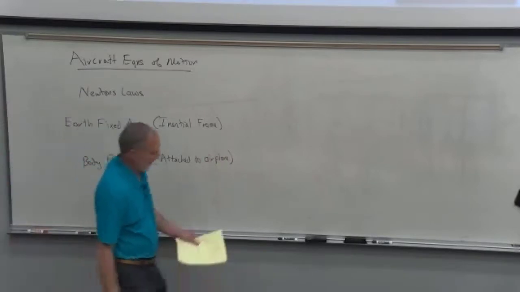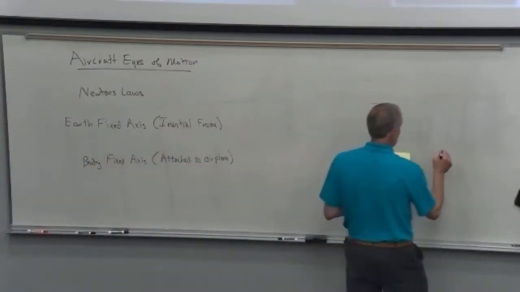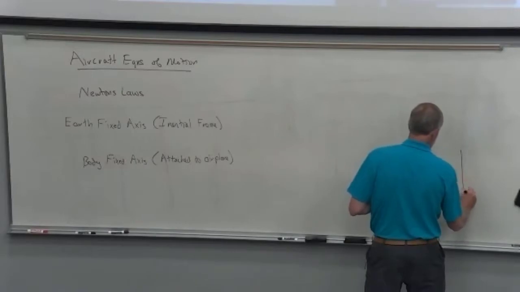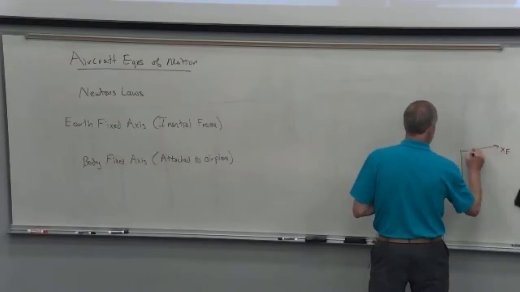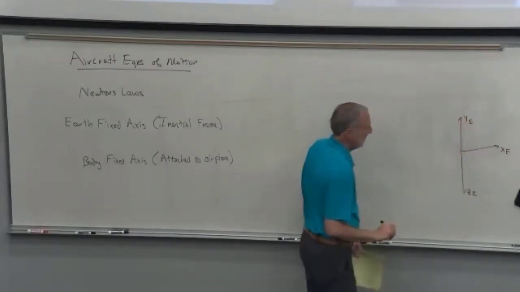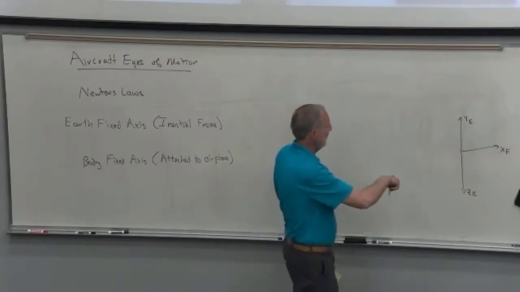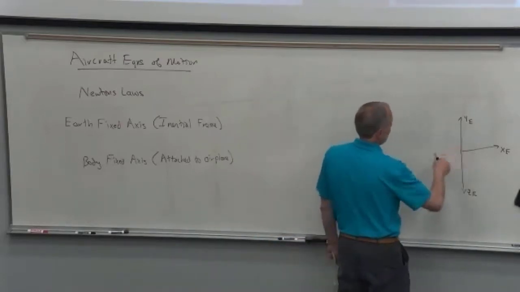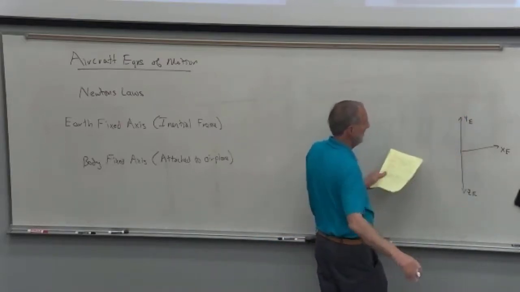And so the differences here are, say that's attached to the Earth. Z is pointing toward the center of the Earth. X is pointing north and Y is pointing east.